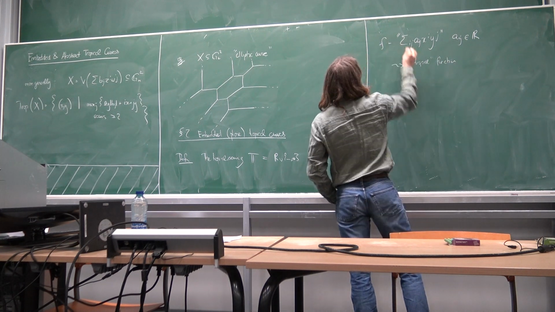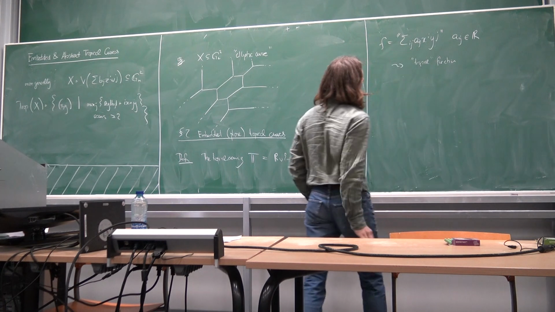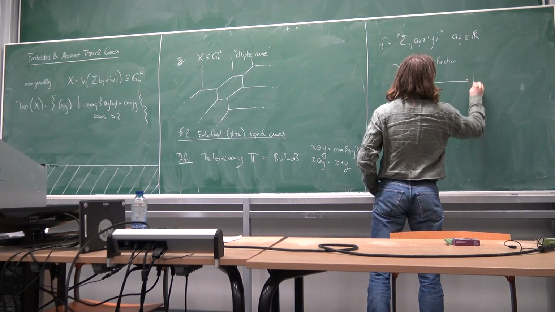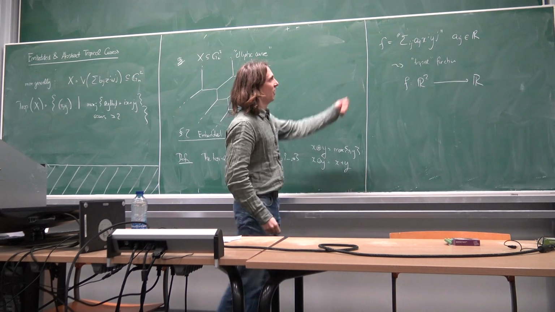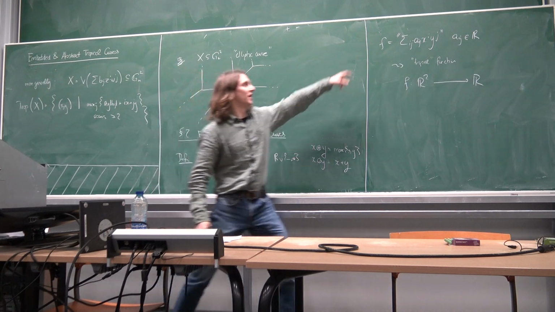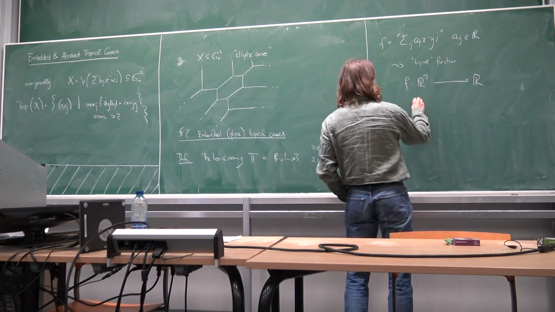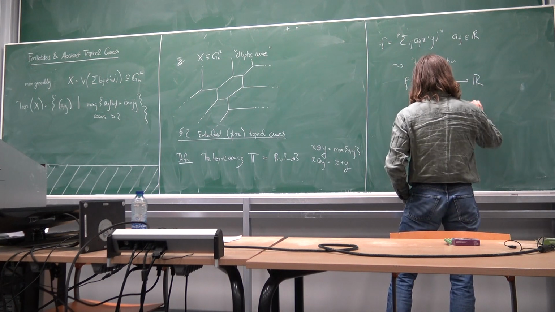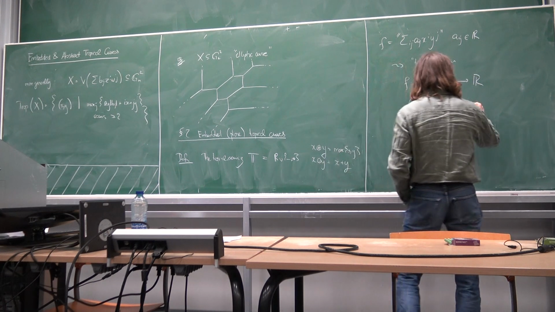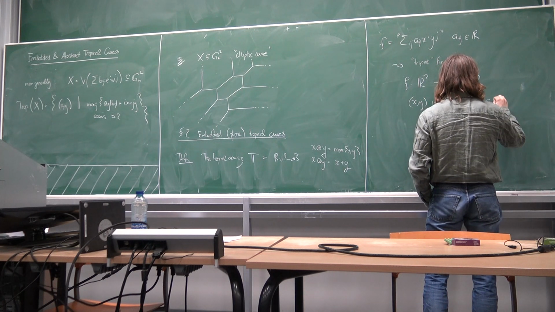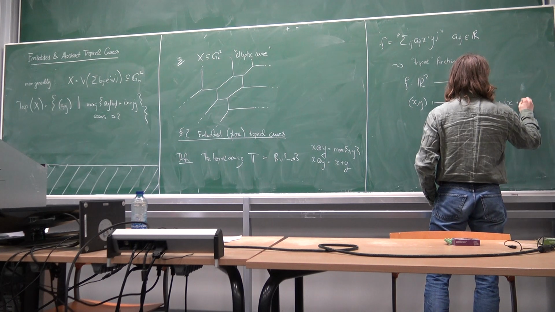So if I call this polynomial f, we get a tropical function f on R squared, where I just stick these different operations into this polynomial. So it sends x and y to the maximum over all ij of aij plus ix plus jy.